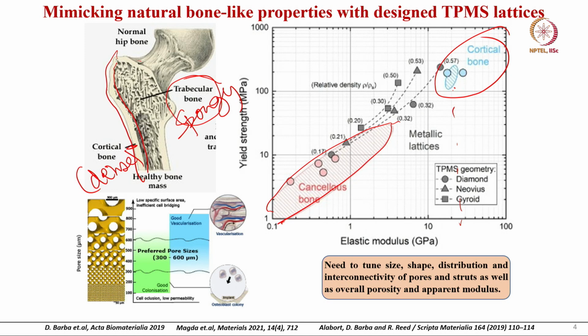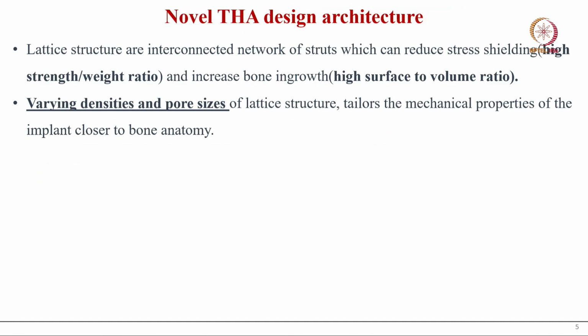It is very difficult to mimic cortical bone like properties using any artificial or synthetic materials, whether stainless steel or titanium and so on. So, lattice structure, metallic lattices, is one of those approaches that I am going to discuss, which can be used to mimic fairly closely the properties of cortical bone, that I am going to show you in the next few slides.